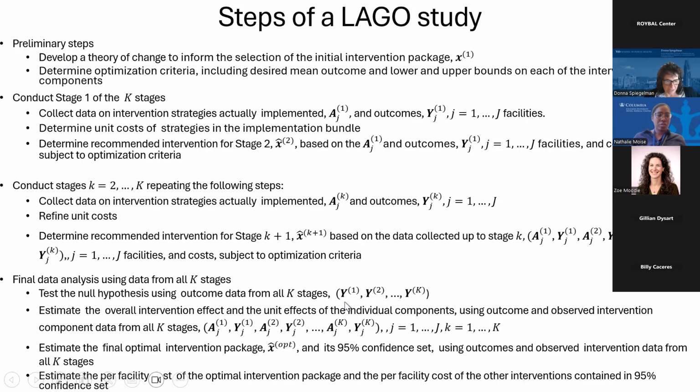And then we estimate the final intervention package using all the data up to stage K. And then we can also estimate the per facility cost of the optimal intervention package, X hat opt, and the per facility cost of other interventions contained in the 95% confidence set, because this X opt is a statistic, just like a beta or anything else, and it has uncertainty.